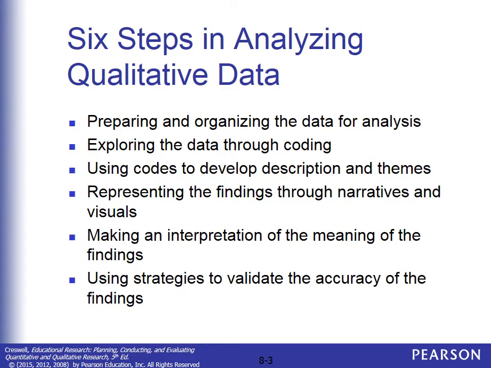In qualitative research, interpretation is an inductive form, going from the particular or detailed information, detailed data, such as transcripts or typed notes from interviews, to the general, to codes, and then to themes.